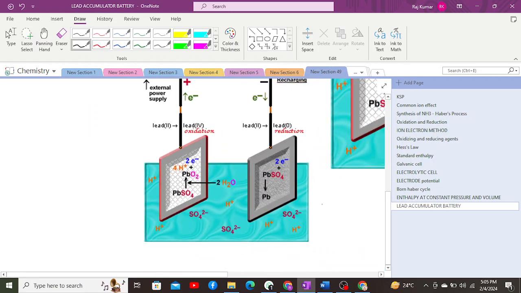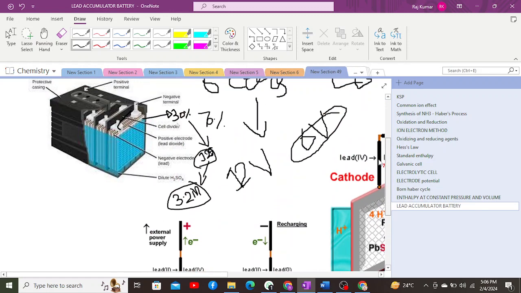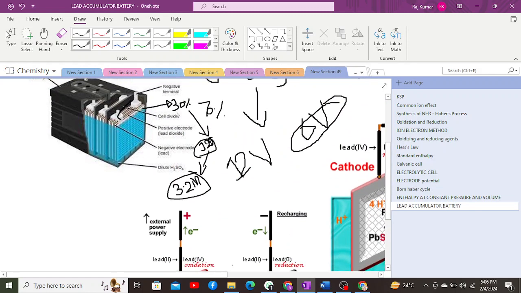As I would like to show in the diagram as well, oxidation occurs at the anode, which is lead, and the cathode is lead oxide.